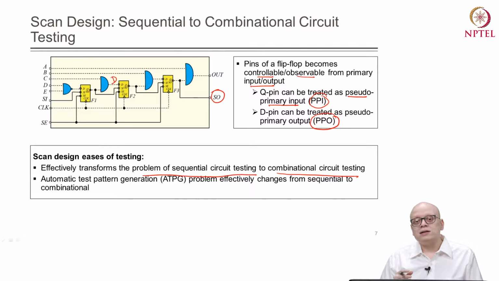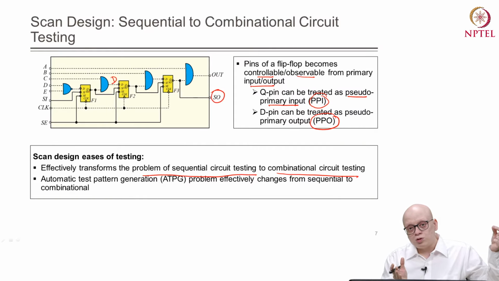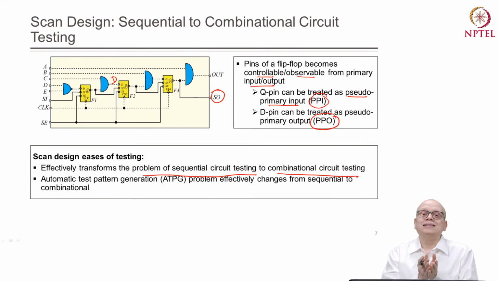right. Now, the ATPG tool, or the automatic test pattern generation tool, needs to just worry about what patterns will be required to test the combinational circuit element in the design. Why? Because a combinational circuit element will be driven either by the input port or the scan cells.